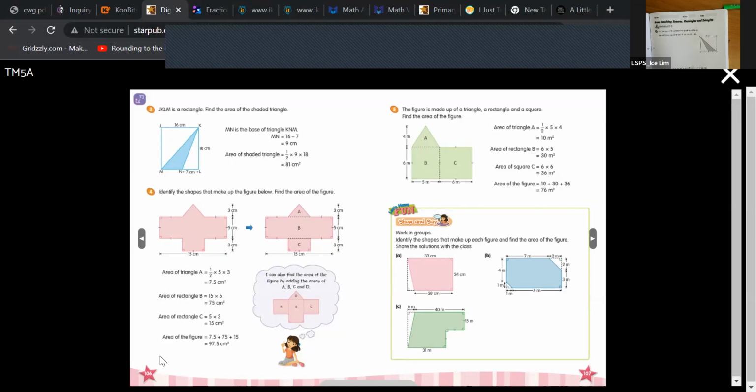And then at the end of 3 minutes, I'm going to ask you, what are the 2 main methods they use to solve the question? Okay, 1 more minute to go.